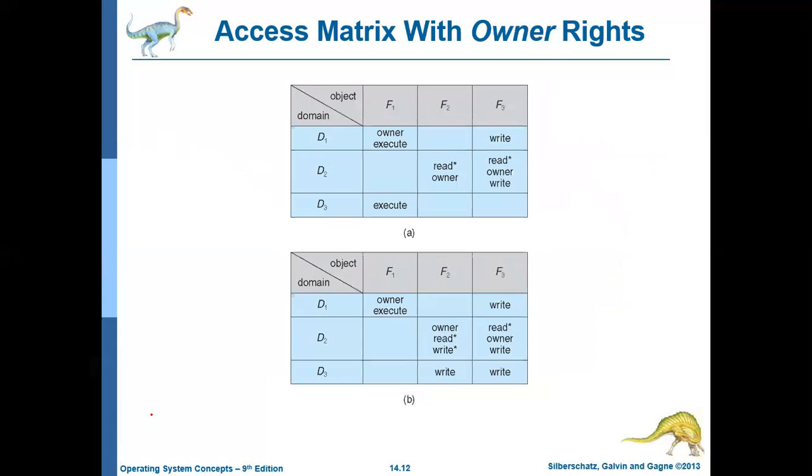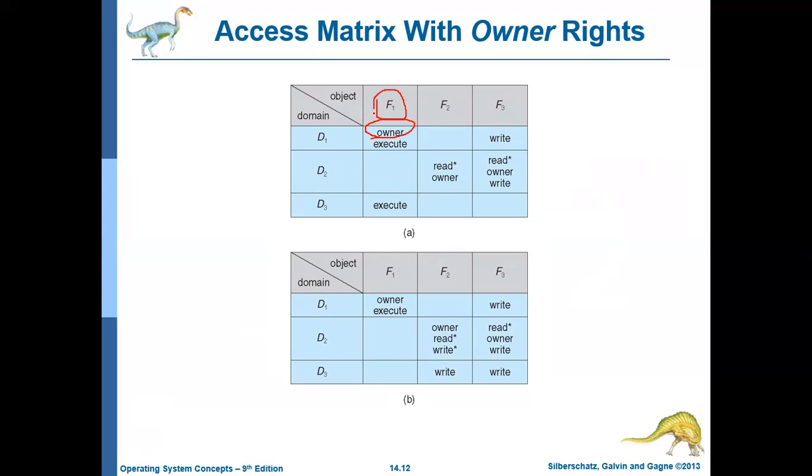Fine. The next concept we'll be discussing is access matrix with owner rights. If a process executing on a particular domain has an owner right, then that particular process can add or remove any privileges to any domains with respect to that particular object.